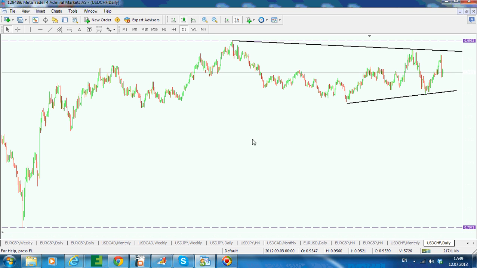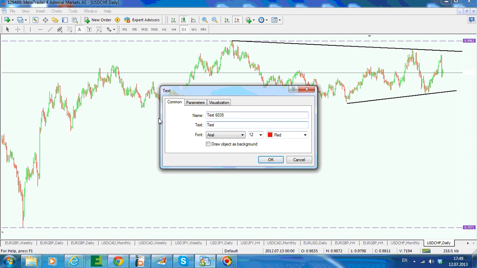From my point of view, as we all know, waves A in a contracting triangle, if this is a wave A, are most likely waves A to be a zigzag type.